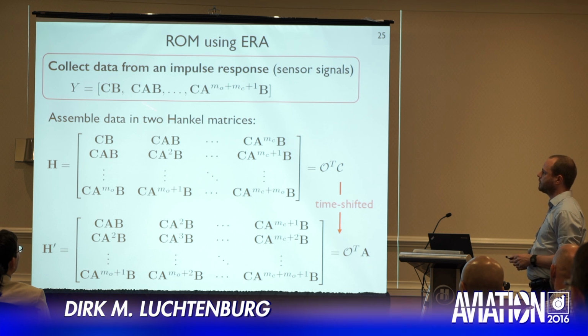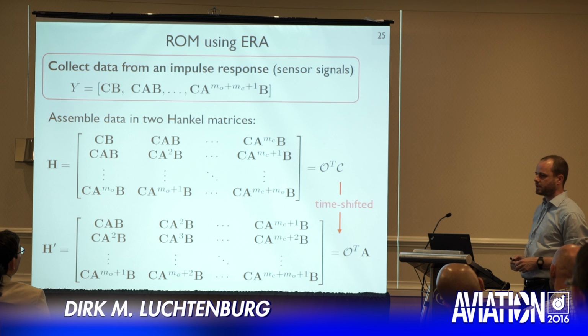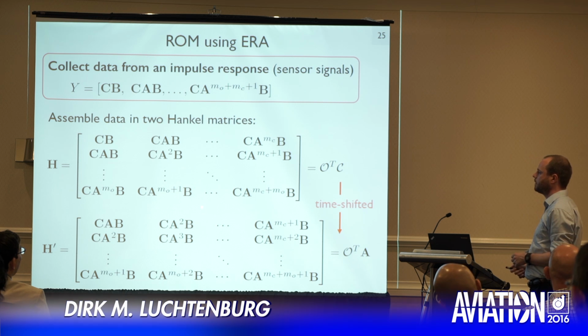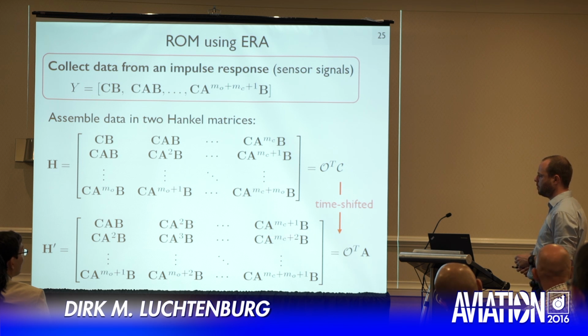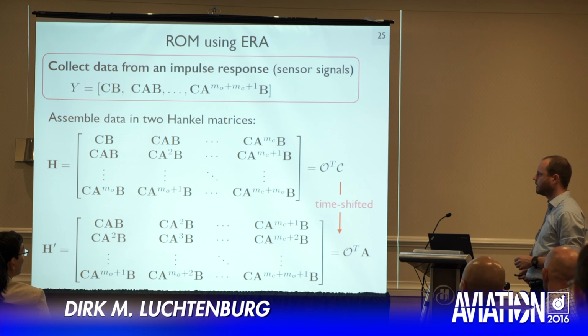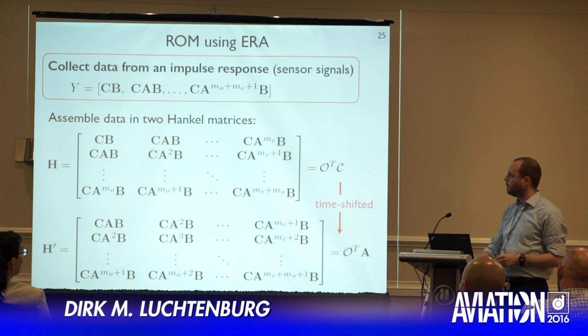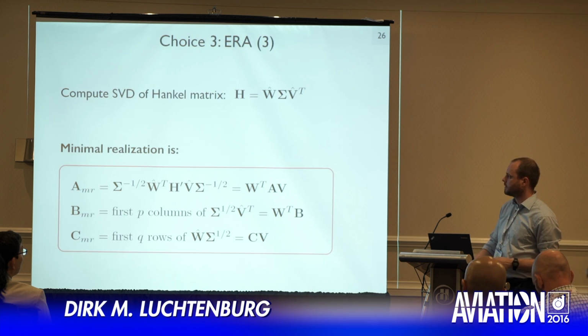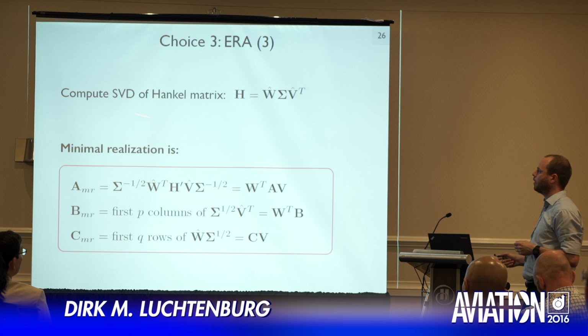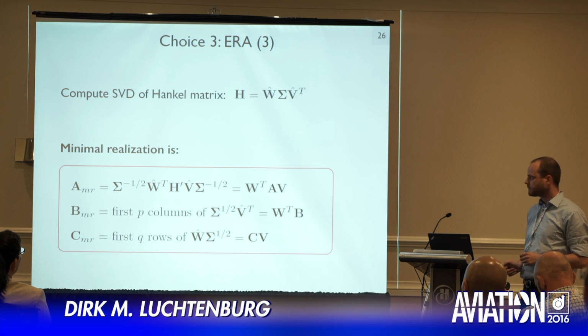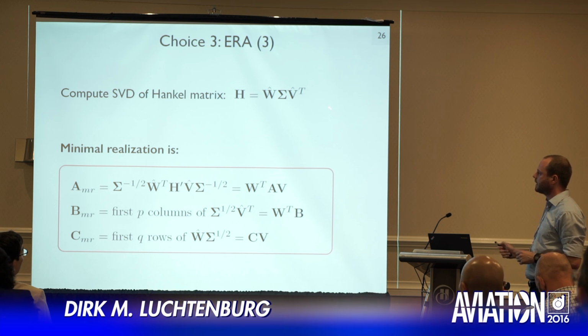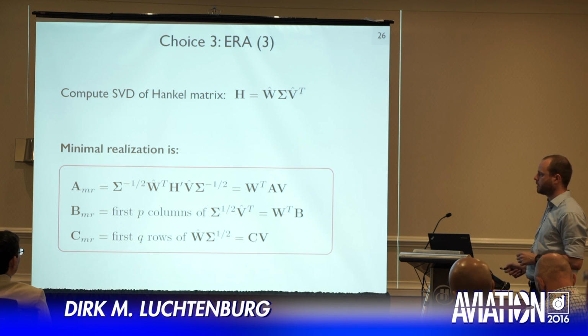Then you stack this signal into a Hankel matrix, and you shift that whole sequence by one time step and put that in another Hankel matrix. Then you compute a singular value decomposition of the first Hankel matrix, and using that singular value decomposition, you can now compute a reduced order model.